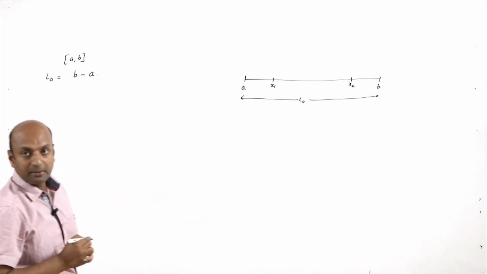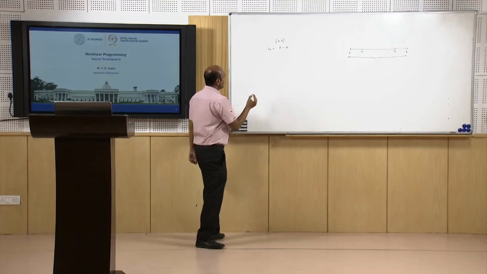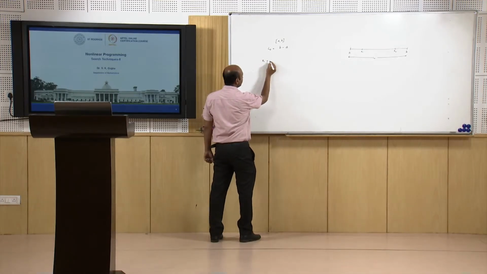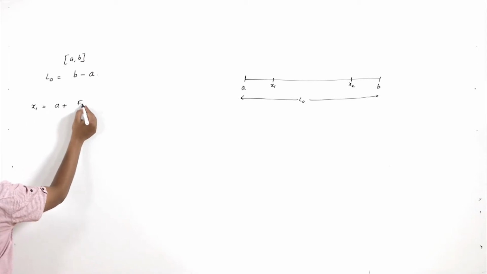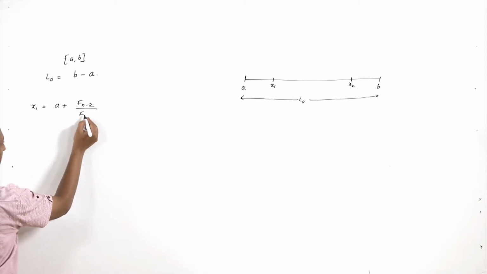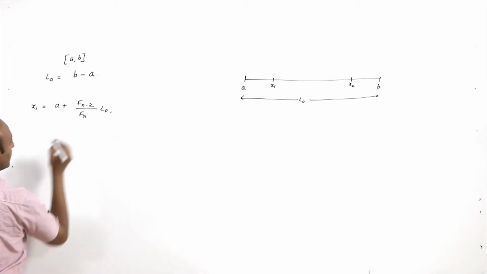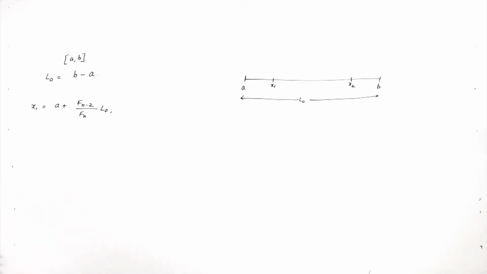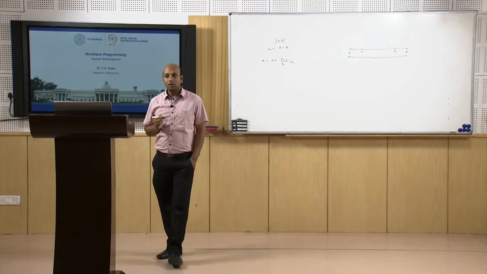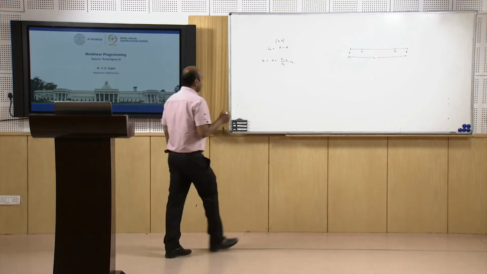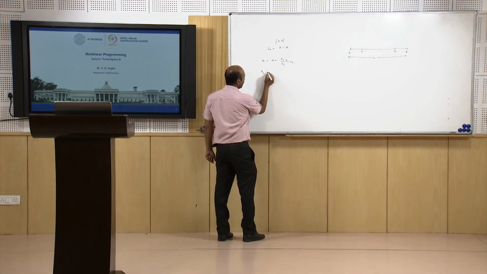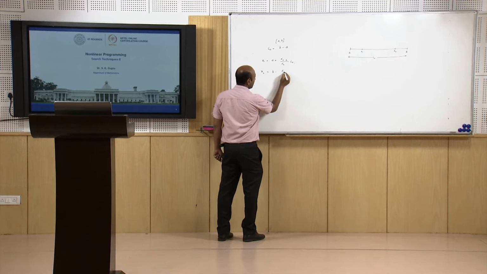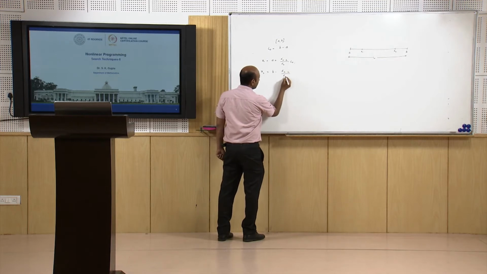We find the two experiments x1 and x2 such that x1 is equal to a plus F(n-2) upon F(n) into L0. This is how we find x1, the first experiment, and the second experiment x2 is simply b minus F(n-2) upon F(n) into L0.